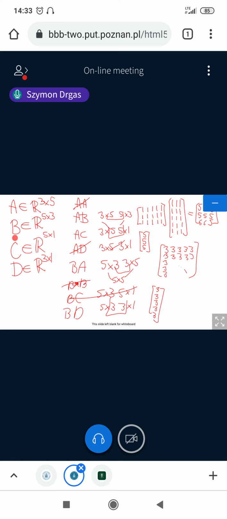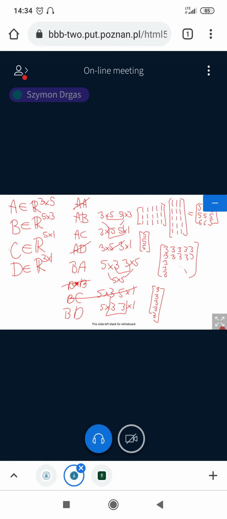And then C times A is not possible to do. C times B is also not allowed. C times C is not allowed. C times D is not allowed. And D times A, it's not allowed.